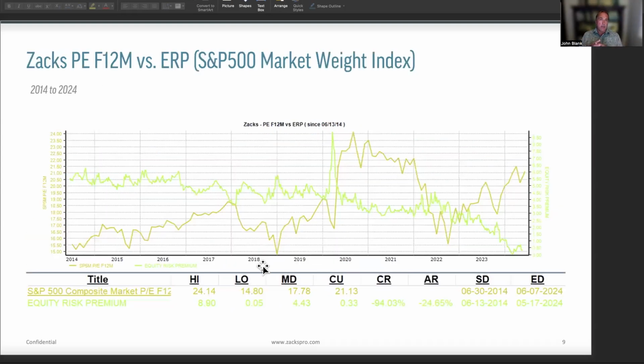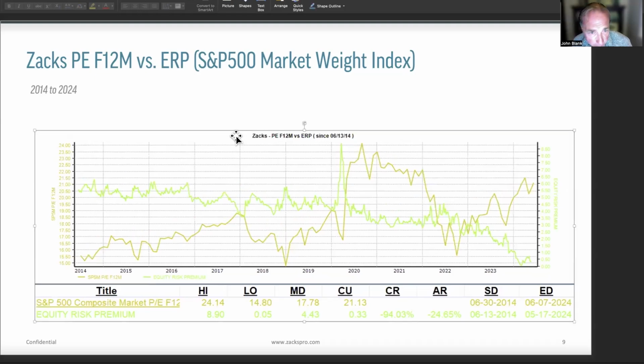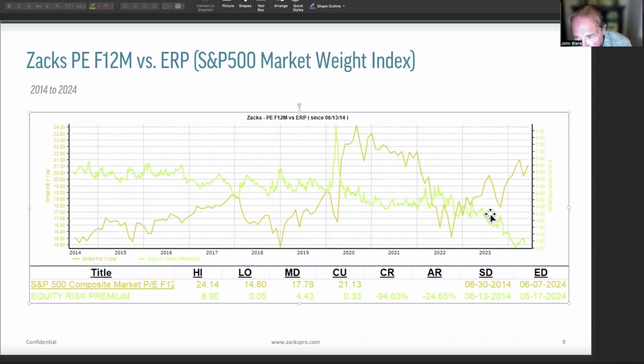All right, the equity forward 12-month valuation and the equity risk premium. I just want to point out here's the equity risk premium. It used to be at about 6 back in 2014. It spiked to 8.5 in COVID, and then it got back up to the 4.5 area in 2020 when you should have bought and you didn't buy. And now we're down here at really, really low values.